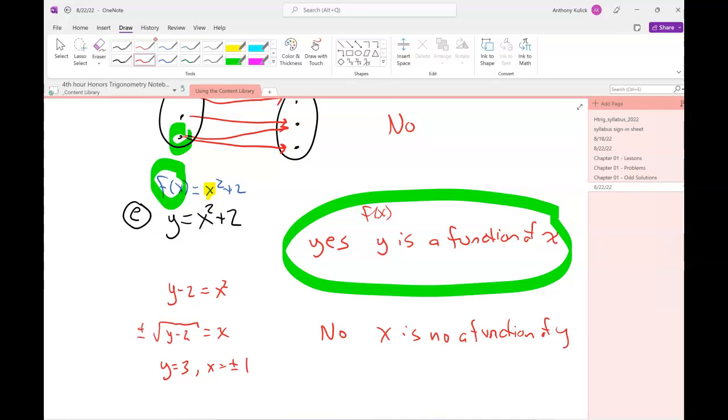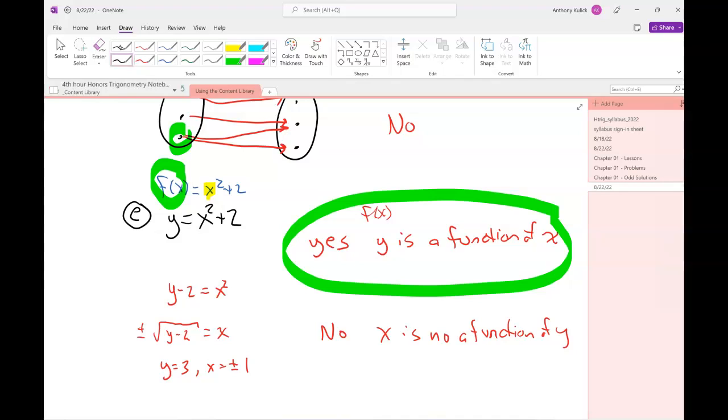You guys see the difference? It's subtle, right? It's not a big deal, but it's kind of a big deal. It's just about being specific and really making clear what it is that you mean. Okay?